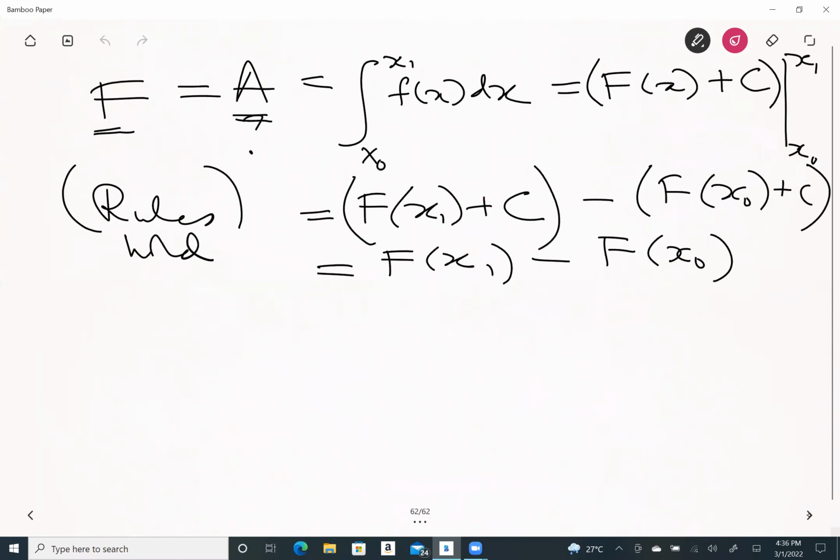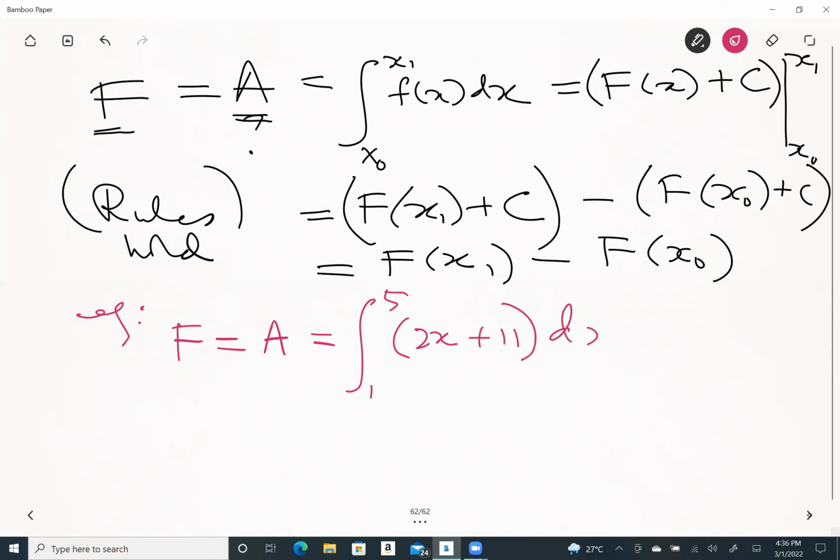So we go back to that example. The example that I have is, say, f equal to a. I write both, but you don't have to write both. You can just write only one. The integral from 1 to 5 of 2x plus 11 dx. Like that.